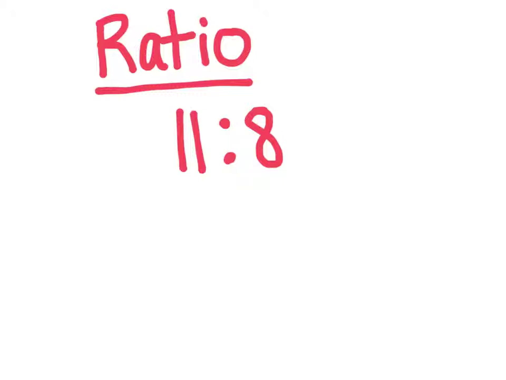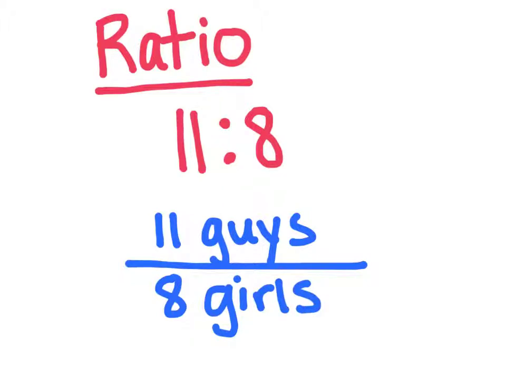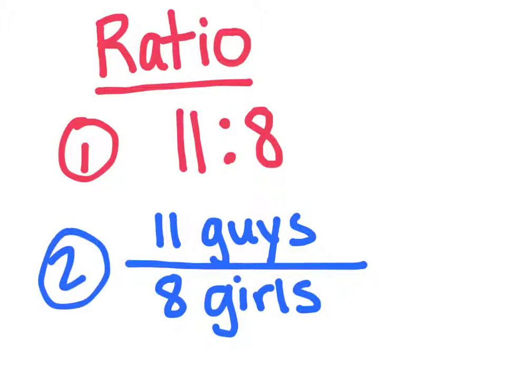In blue here, we can also write this as 11 guys over 8 girls, and you would probably call this a fraction, but ratios can be written either this way or this way, and in this class we are going to use this one. We'll see in a little bit why that is more useful to us.